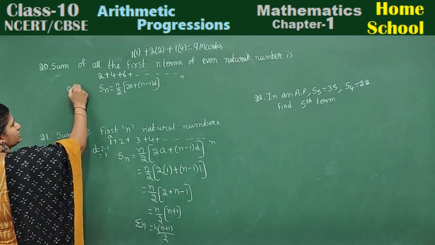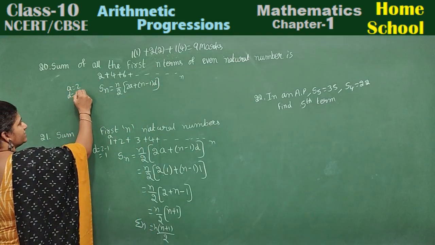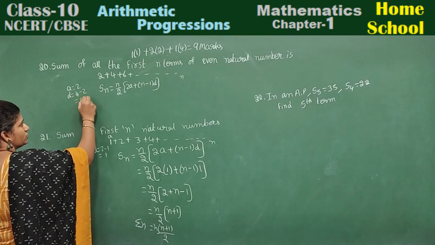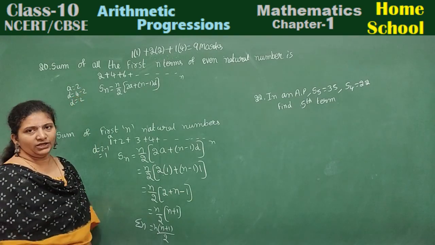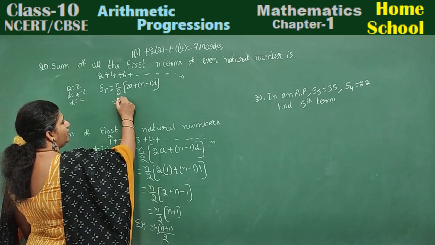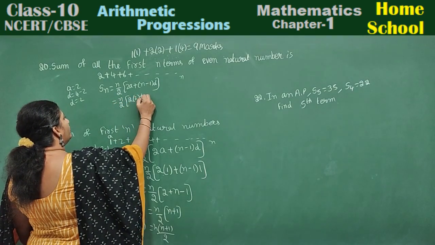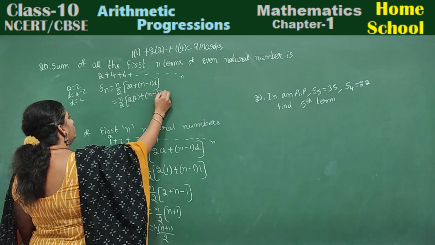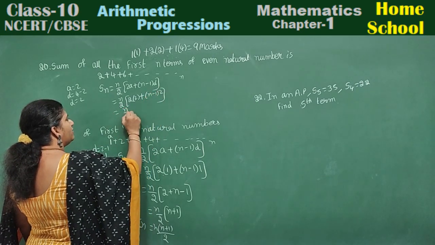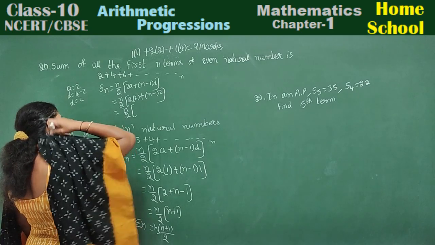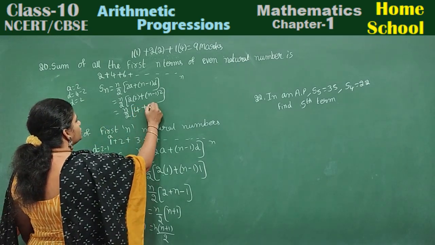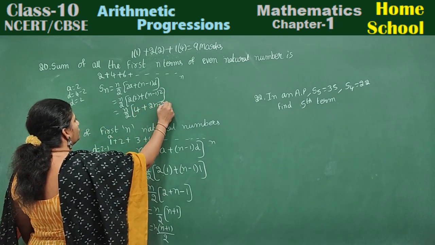A value is 2 and your d value is a2 minus a1. 4 minus 2 is equal to 2. A is 2, d is 2. Substitute here. N we don't know. N by 2 into 2 into 2 plus n minus 1 into 2. That will be n by 2 into 2 2s are 4 plus 2n minus 2.